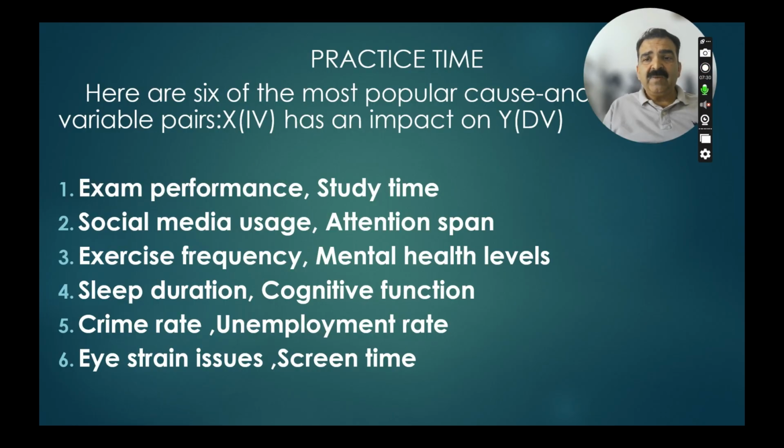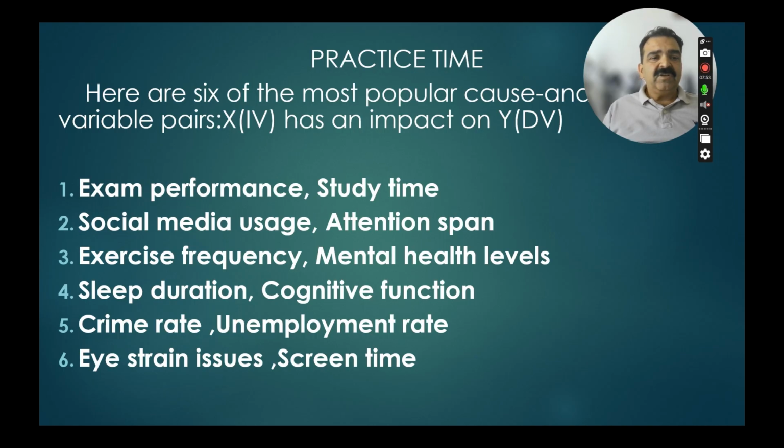So both are going in the same direction. So when both are going in the same direction, it is a positive impact. And X has an impact on Y. Study time has an impact on exam performance. So study time, X, is independent and exam performance is dependent on the other variable, which is study time.